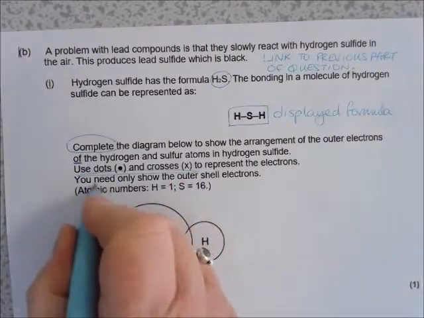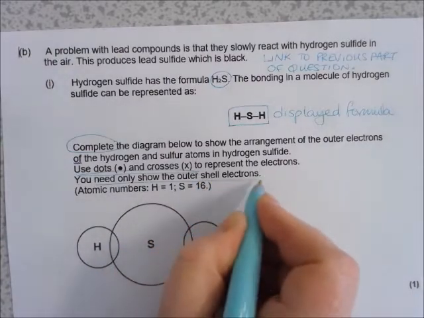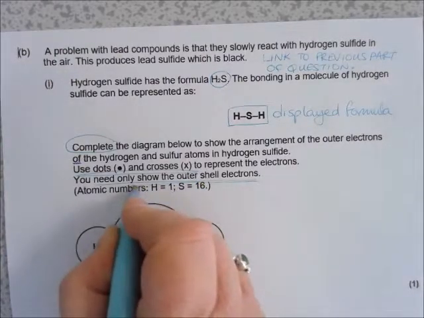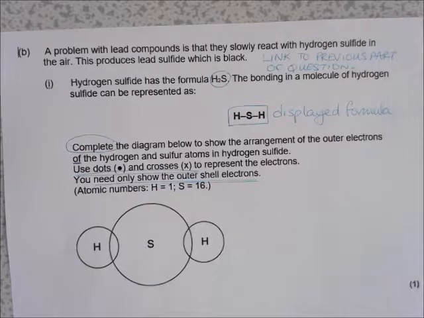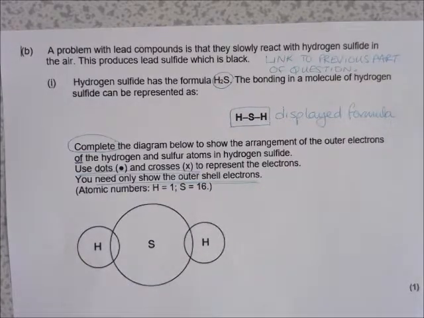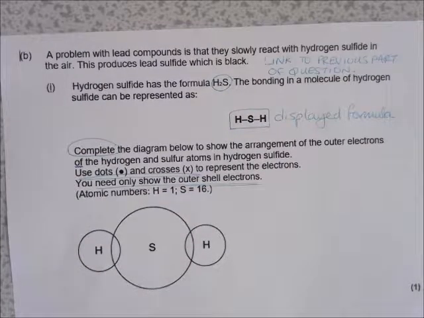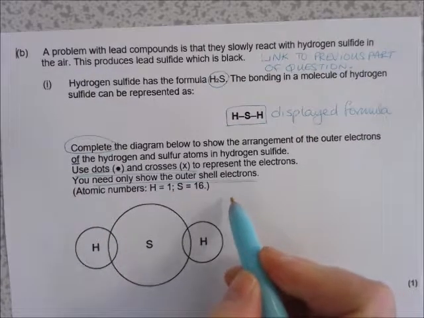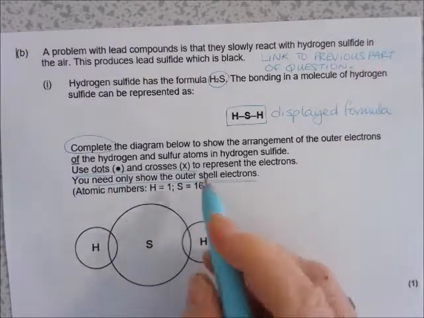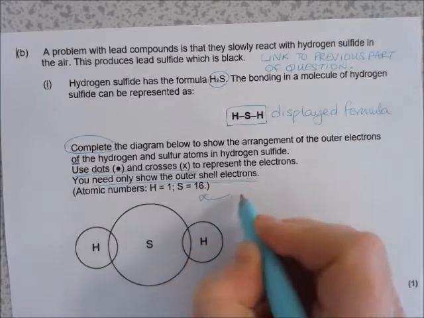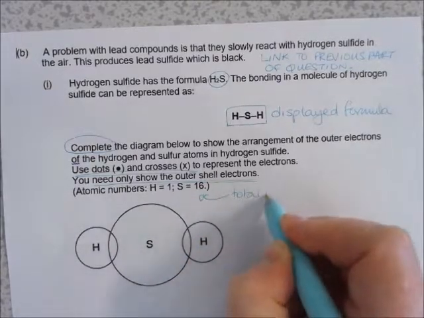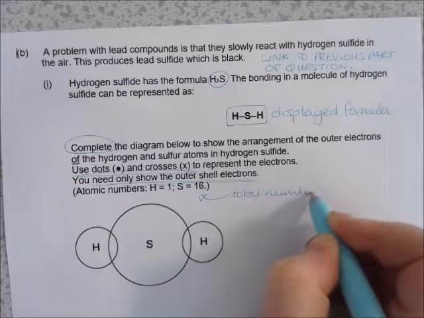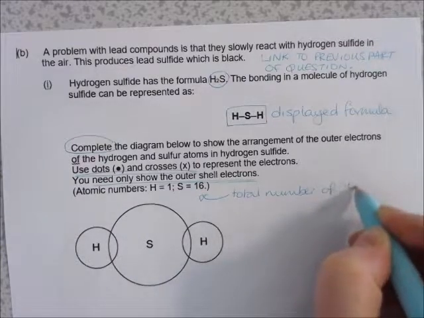It also says you need only show the outer shell electrons. So, how do we work out the outer shell electrons? There are two ways of doing this. The first way is to look at the information they've given you, the atomic numbers, and that tells you the number of electrons, and to work it out from first principles.